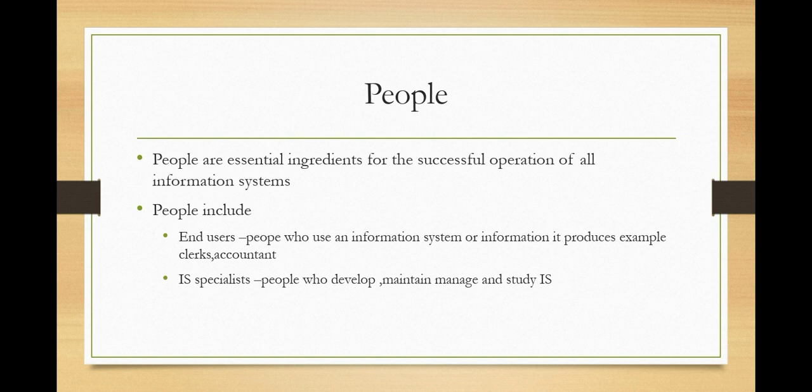End users are people who use information systems or the information that is produced by information systems. They can be customers, salespersons, engineers, clerks, accountants, doctors, managers, and many others that make use of information systems. And they are found at all levels of organizations.